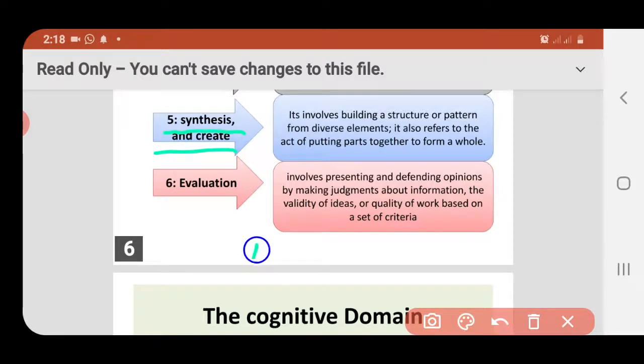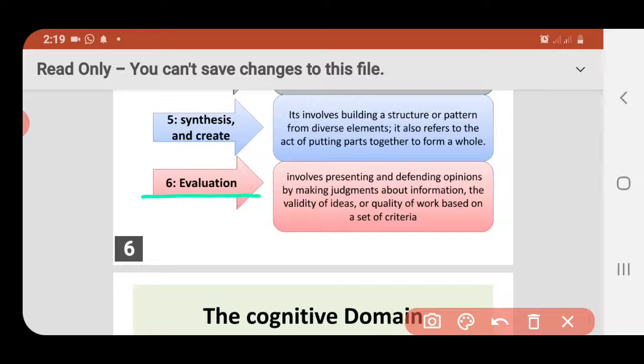It also refers to the act of putting parts together to form a whole. Now the learner will be more competent in his learning, and he can join the parts and put them together, and he is more able to absorb that knowledge.